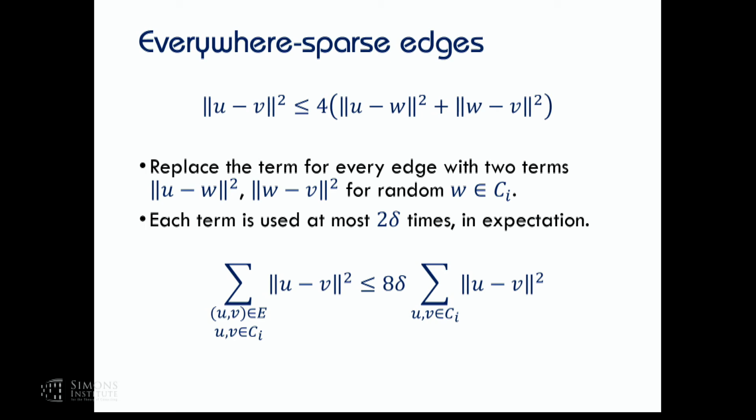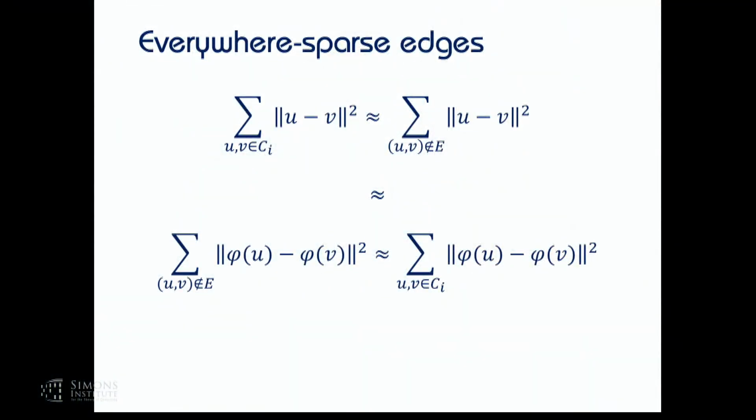Any questions? So okay, what we just showed is that the cost of the cluster is approximately equal to the sum over all non-edges. We know that the value of the sum is approximately preserved under dimension reduction.